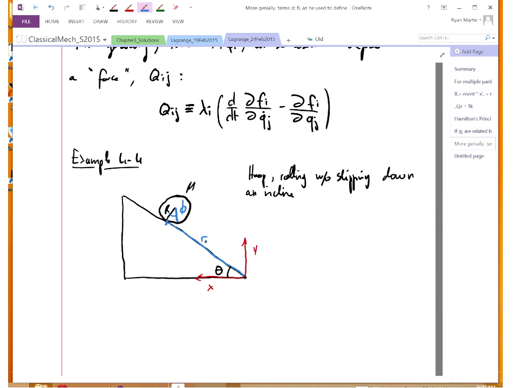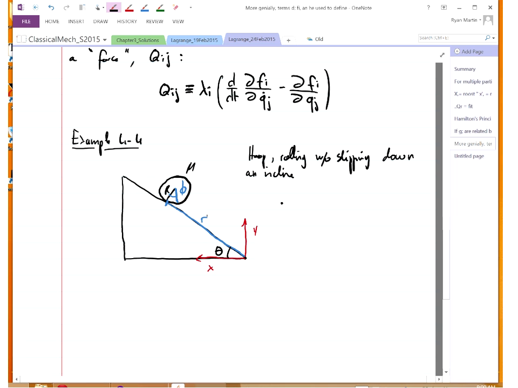So if we make it so that phi is 0 when the hoop is at the bottom, right? So let's say rolling without slipping, or rolling without slipping is actually a constraint on the velocity of the point of contact being 0.